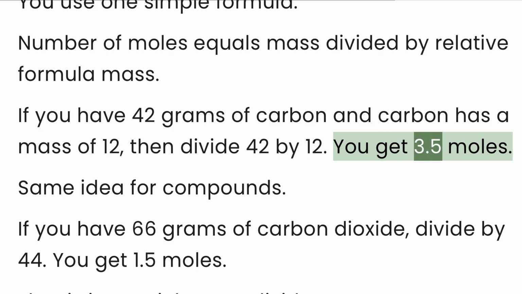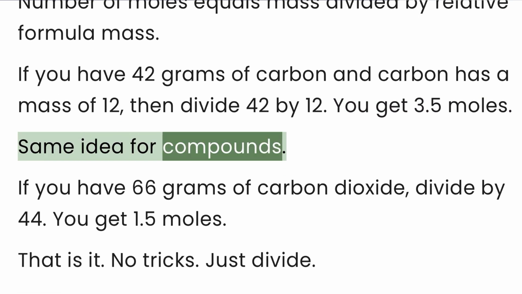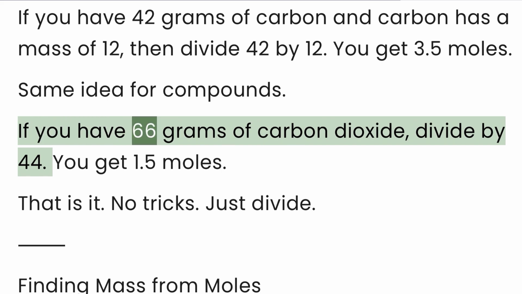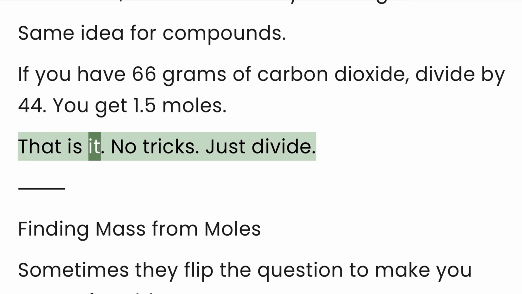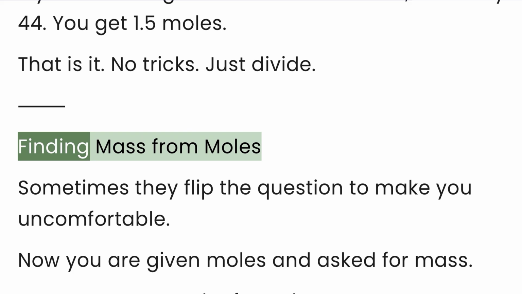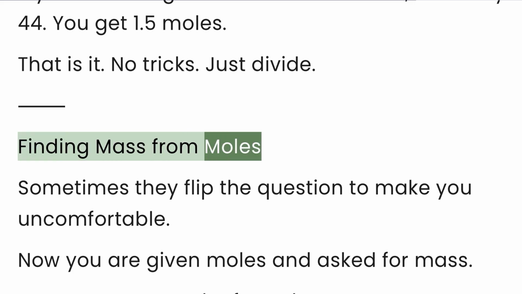You get 3.5 moles. Same idea for compounds. If you have 66 grams of carbon dioxide, divide by 44. You get 1.5 moles. That is it. No tricks, just divide.